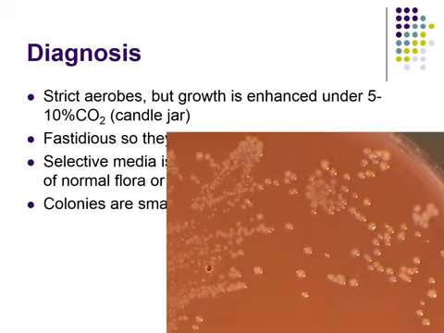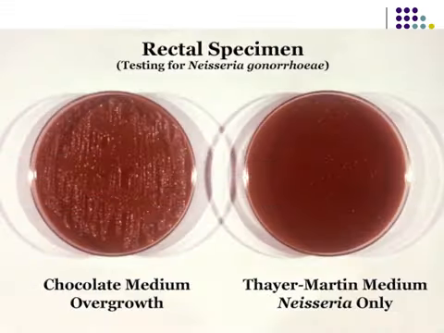This figure shows the colonies of Neisseria species on Thayer-Martin, and you can see the difference between the special media, Thayer-Martin media, used for cultivation and isolation of Neisseria species, compared with the enrichment medium, chocolate agar.